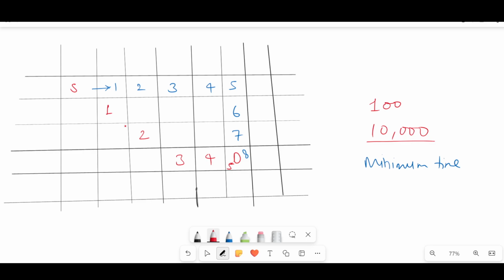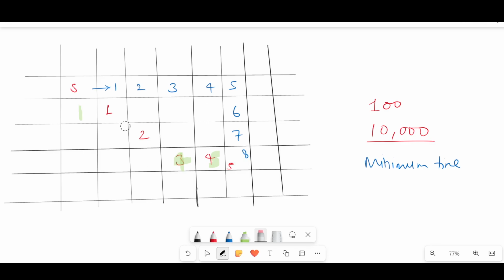And if you try to find out, there cannot be any route better than this. Even if I go through this route from here, 1 2 3 4 5 6, it also takes 6 seconds.